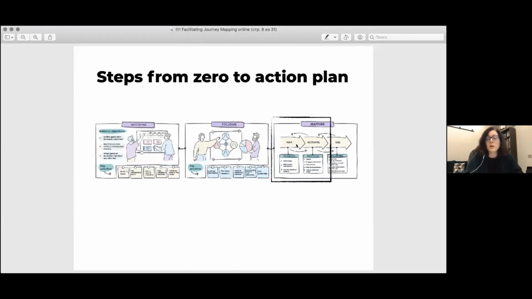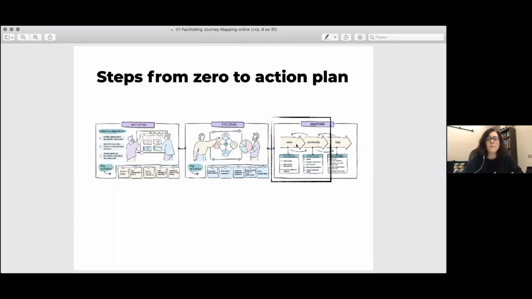When we talk about this journey mapping workshop as an activity, it is important to understand that it's part of a bigger process. It's not just the workshop itself. This is a snapshot from the journey management framework that Nikita Efimov, my colleague, and I have been developing for some time now, and will probably share publicly really soon.